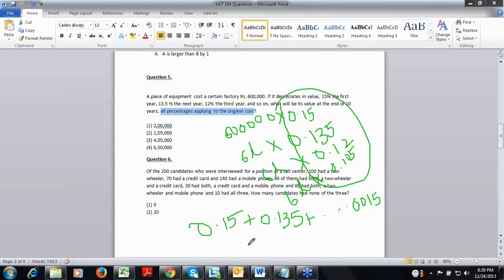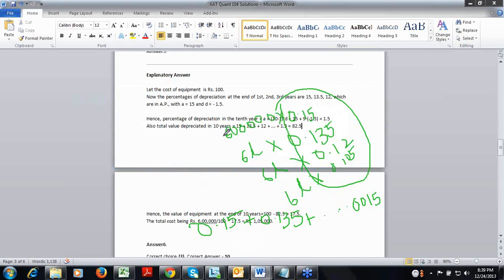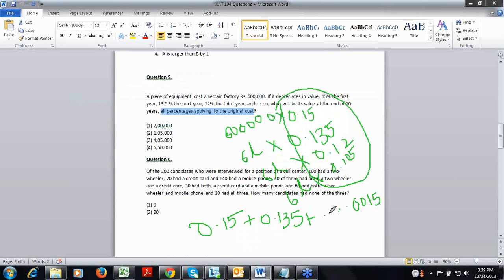So it comes out to be 82.5%, that is 0.825. So now we calculate accordingly. So that is how it is calculated. Hope it clears the confusion that was around there in the house.